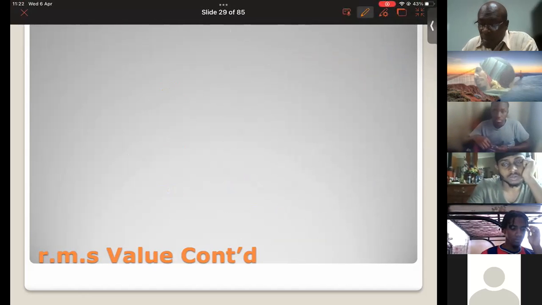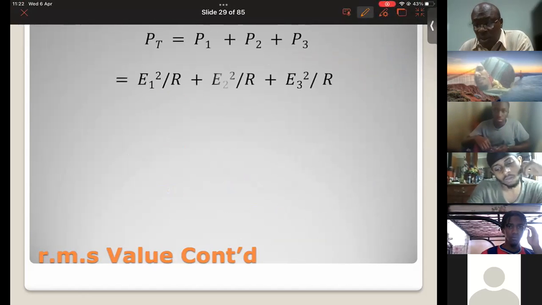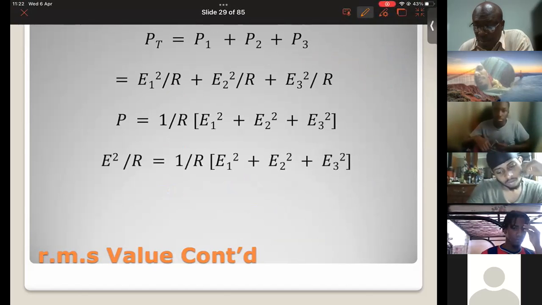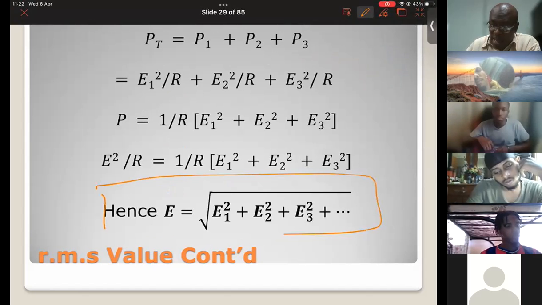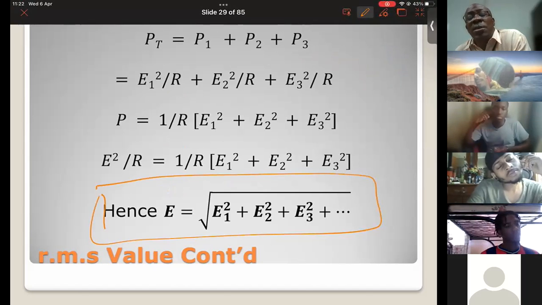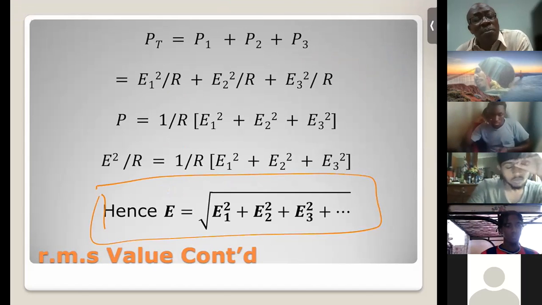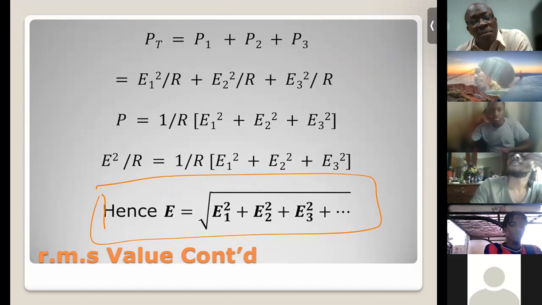Okay. So from that, we come to find that the RMS value in terms of the voltage is given by the sum of the squares of the individual RMS values.